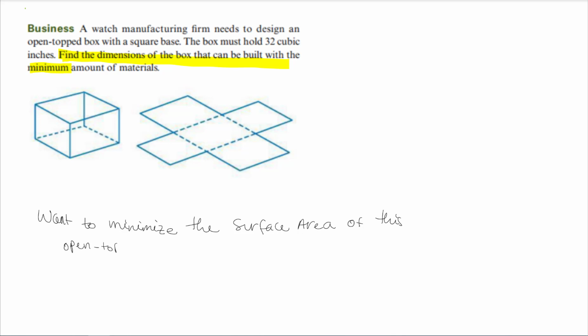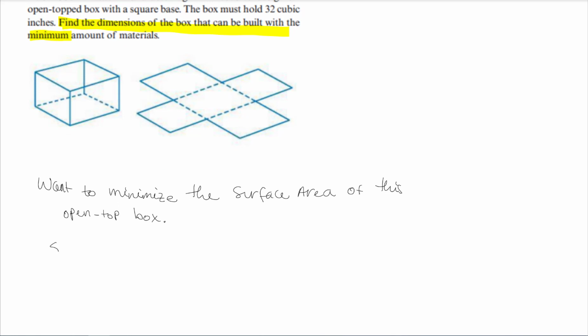That's important because that means that it doesn't have one of the sides of this open top box. So remember, the surface area of a shape is the sum of the areas of each side or face, base, however you want to call them. So in this box, you have how many sides, right?